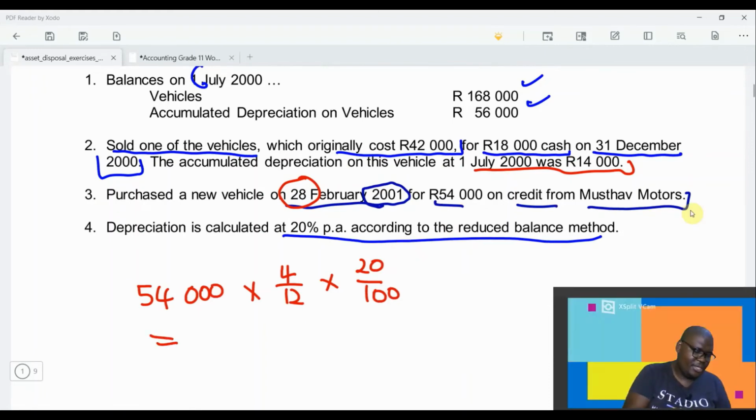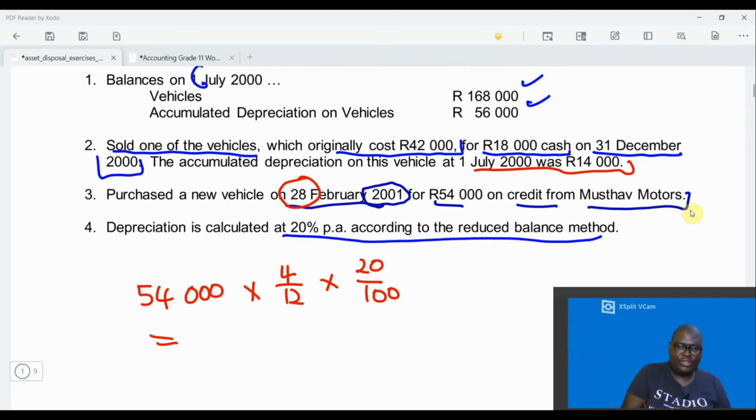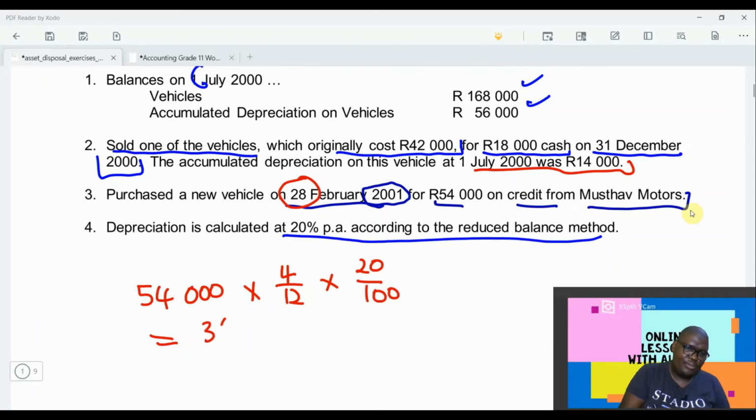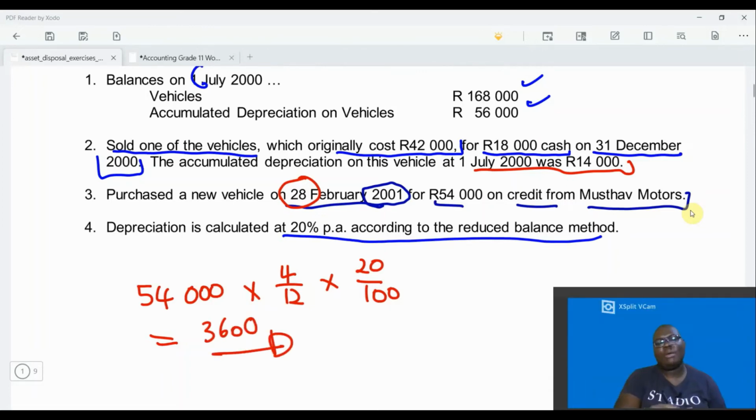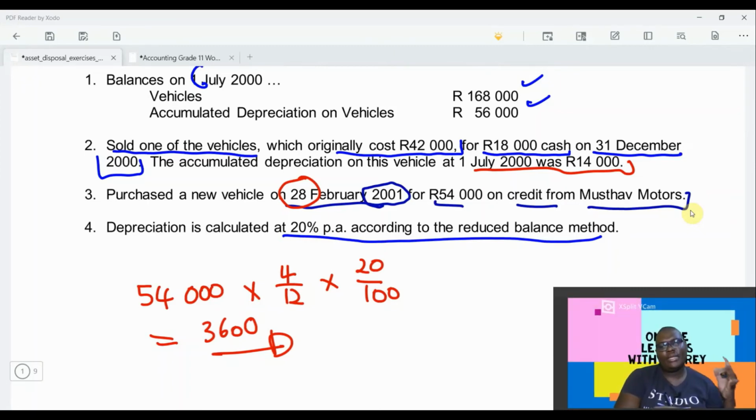So it's 54,000 multiplied by 4 over 12 multiplied by 20 over 100, which gives us 3,600. So this 3,600 will increase our accumulated depreciation.